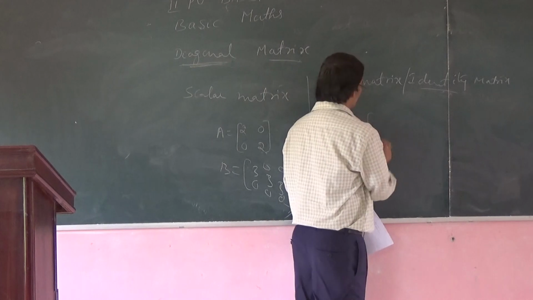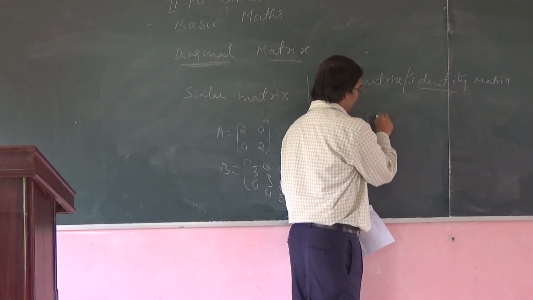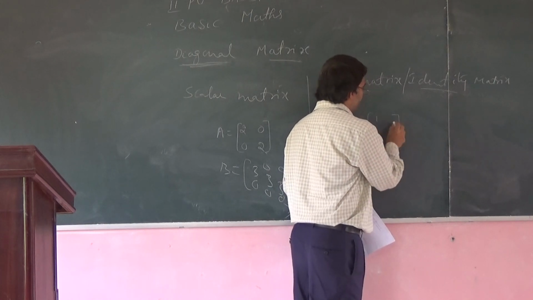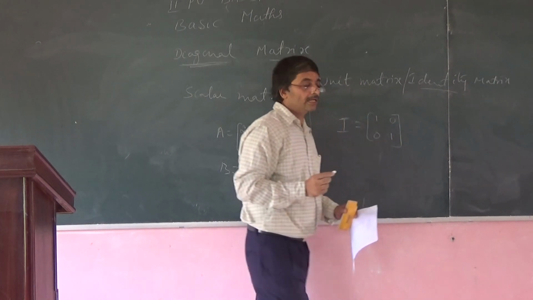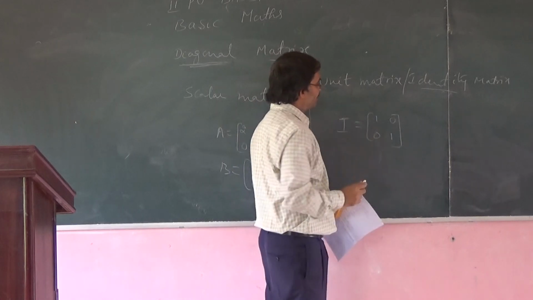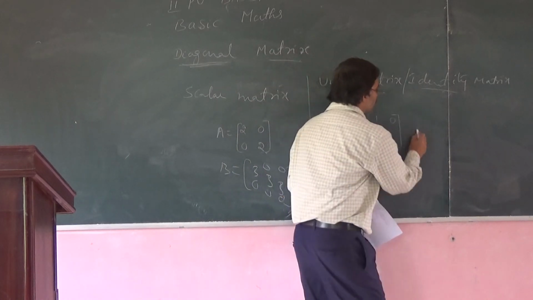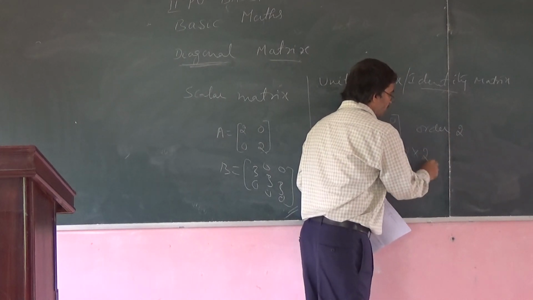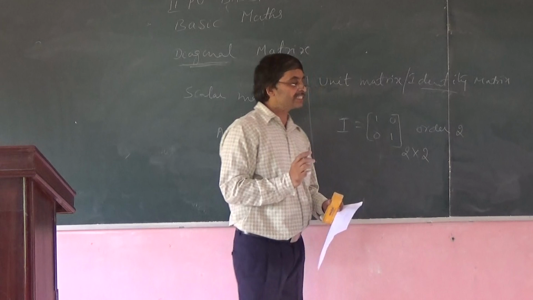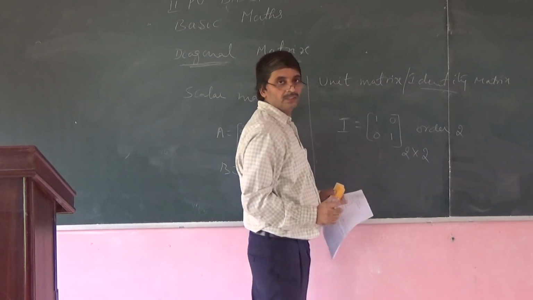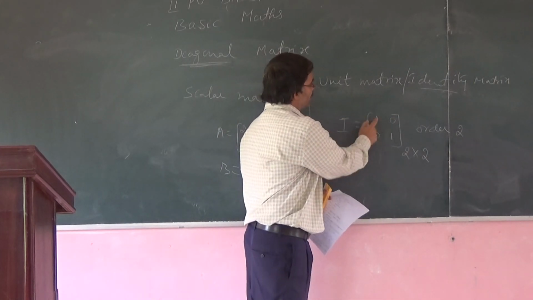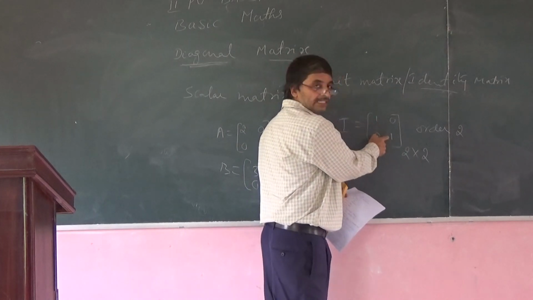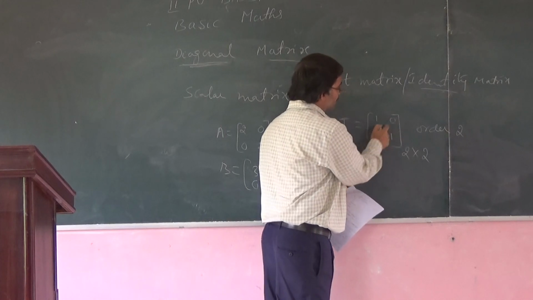It is a scalar matrix, but the condition is that the diagonal elements should be 1. This is one example of an identity matrix of order 2, because number of rows and number of columns are 2 only. So remember, identity matrix means you will have the value 1 as diagonal elements, rest are zeros.